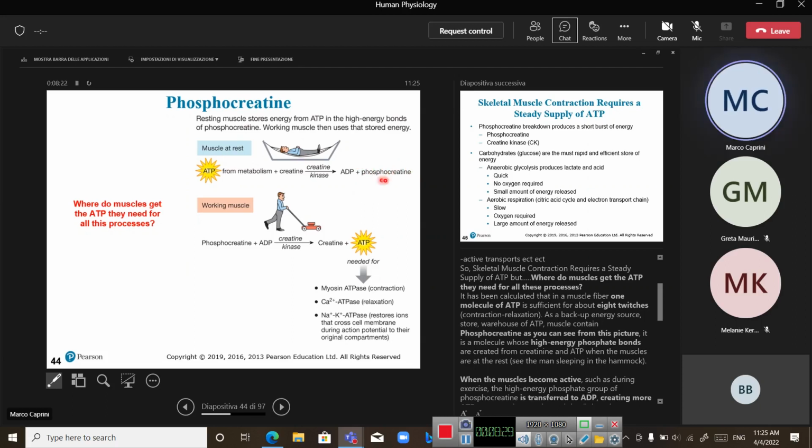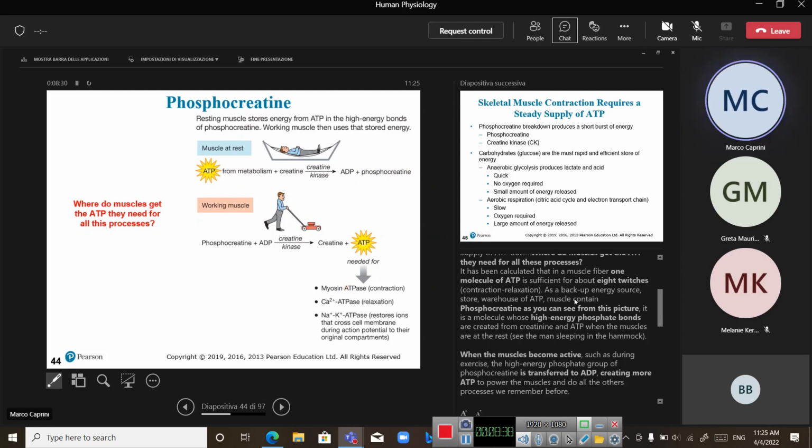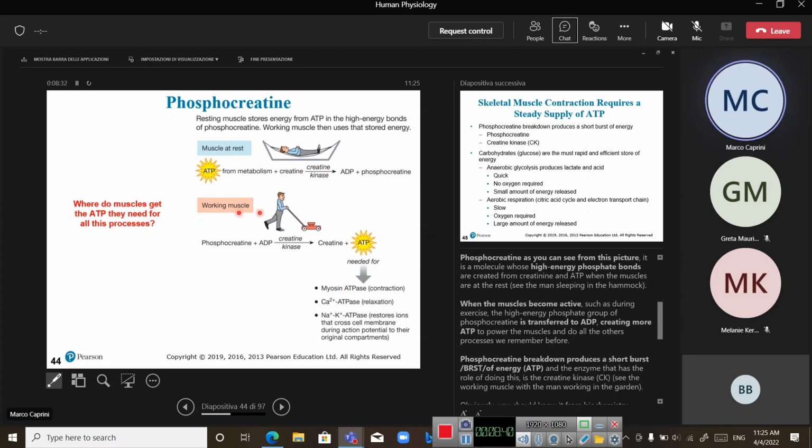So when we start to work, like in the other example here, the same man with the muscle active, such as during this exercise, the high energy phosphate group from the phosphocreatine is transferred to the ADP. So the ATP is created to power the muscle and do all the exercise that we need.